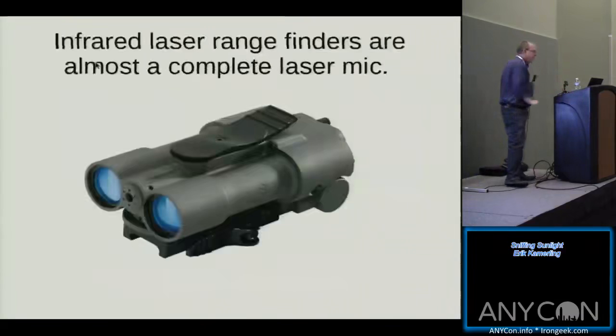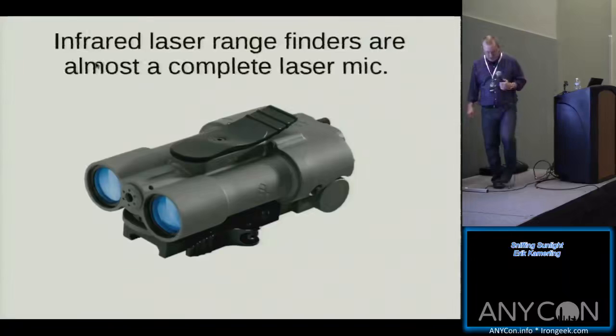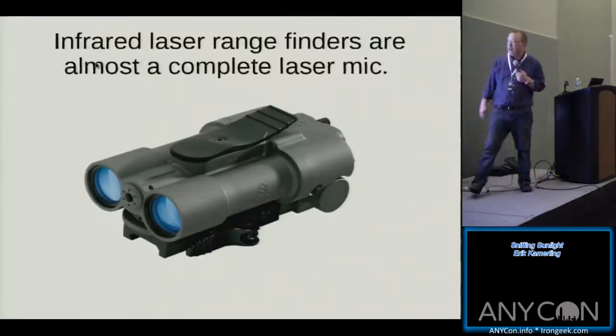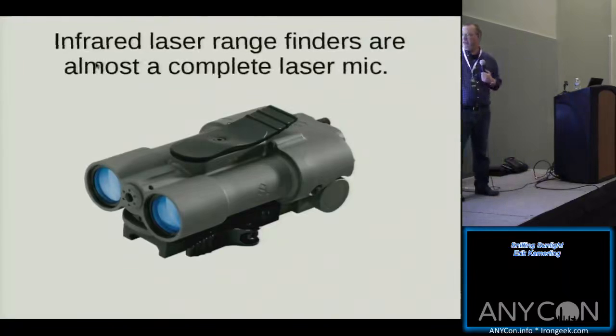Okay, so this is actually pretty interesting to me. A laser listening device, a rangefinder that uses infrared lasers, is nearly a complete laser listening device. All you have to do is take the output off the thing and hook a speaker to it, and you've got a laser listening device. Now, how do they bounce an infrared laser off of a remote target and get it back to the device itself? I have absolutely no idea, but it's awesome.